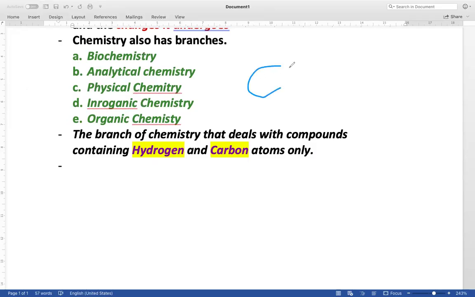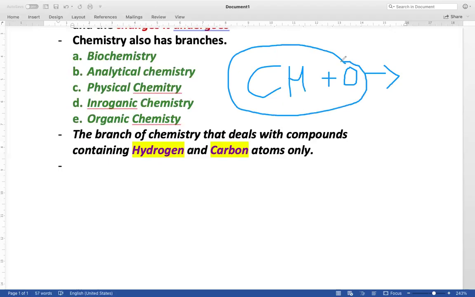If there's a compound that contains hydrogen and carbon, when this compound reacts with oxygen, at the end of the day, we're going to have a compound that will have 3 atoms. But for as long as these were made out of compounds that contain hydrogen and carbon only, we will still study them under organic chemistry.